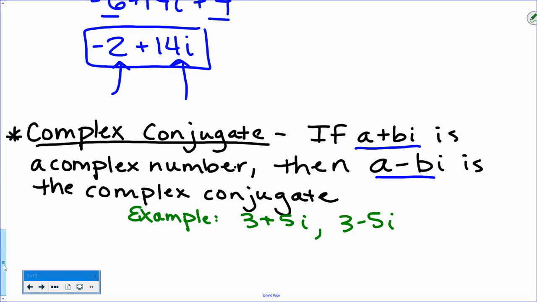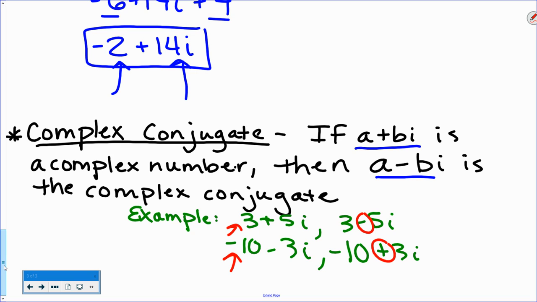If I have negative 10 minus 3i, I still have negative 10, but I do plus 3i. So I'm only changing the sign in the middle. I did not do anything with the sign in front of your real number, only the sign in between the two. So we'll want to keep that in mind.